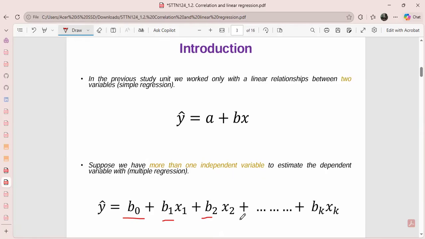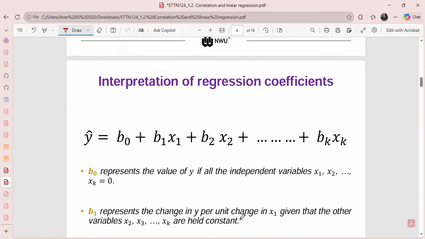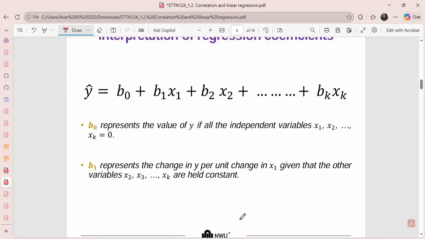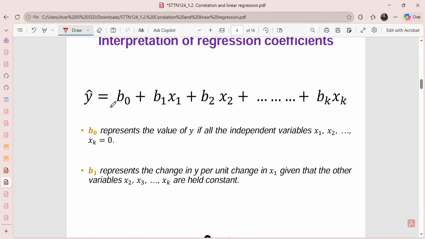B1 goes with X1, B2 goes with X2, B3 with X3, B4 with X4. Then there will be a part where you have to interpret the value of B0, the value of B1, the value of B2.